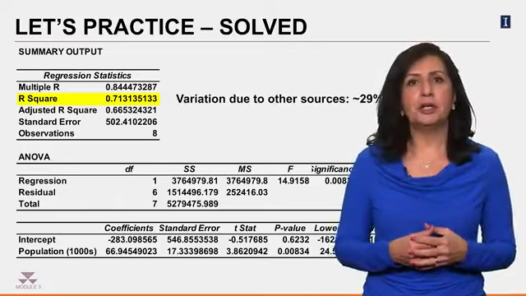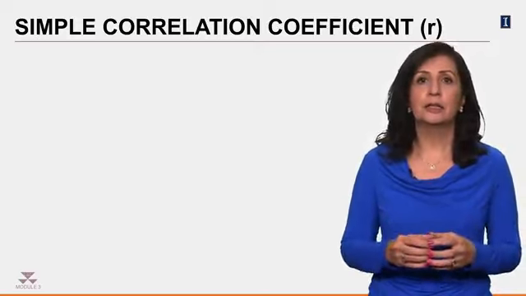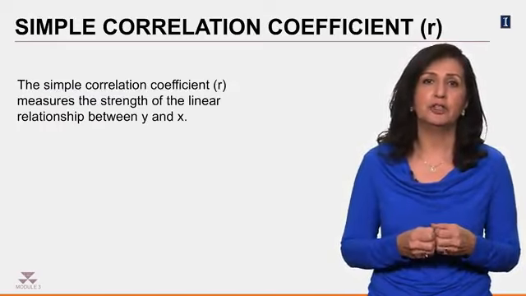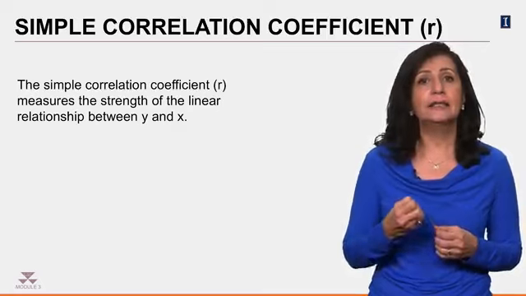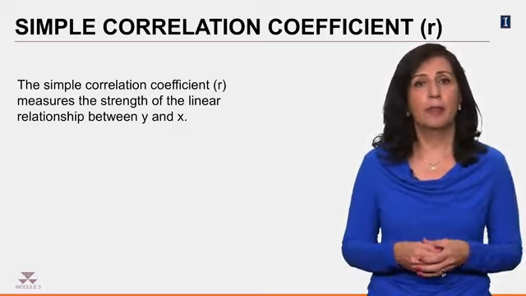You often hear and may even use the word correlation. In linear regression, simple correlation coefficient measures the strength of the linear relationship between y and x and is denoted by r, and is calculated by taking the square root of r squared.